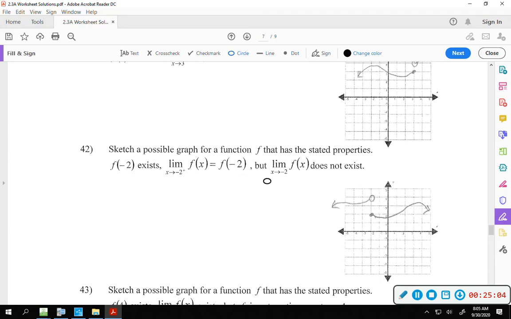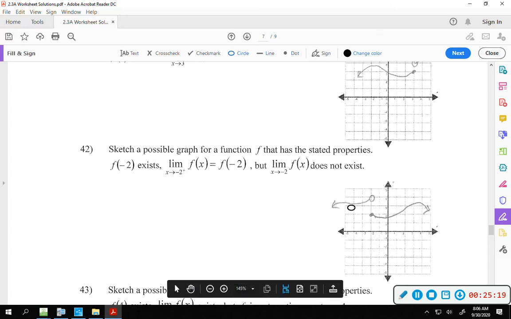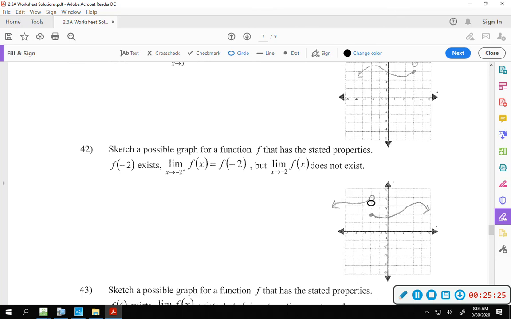But the limit as x approaches negative 2 of f of x does not exist. So as we approach negative 2 from the left, we could have gone to infinity if we wanted to, or negative infinity. I just put an open circle there so that as we approach negative 2 from the left, it's approaching a different value. So I created a jump discontinuity as opposed to an infinite discontinuity.